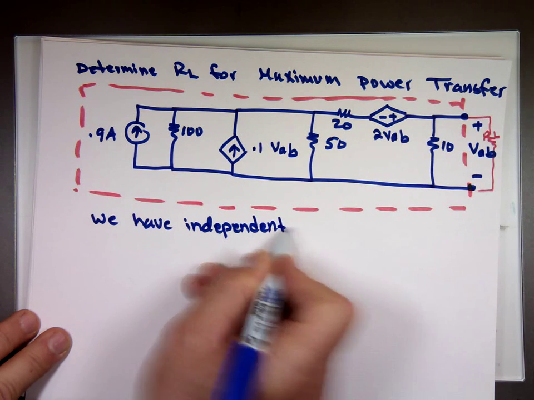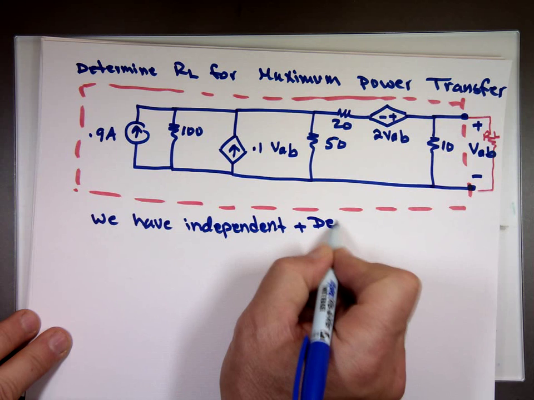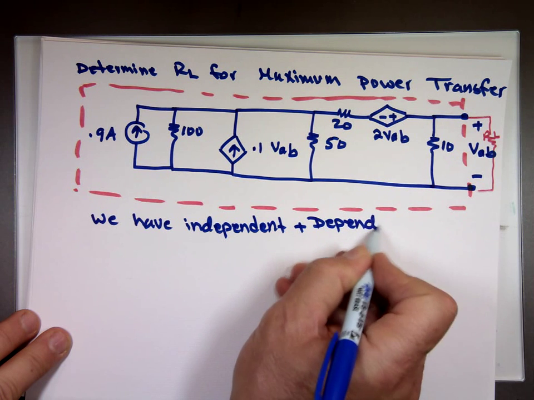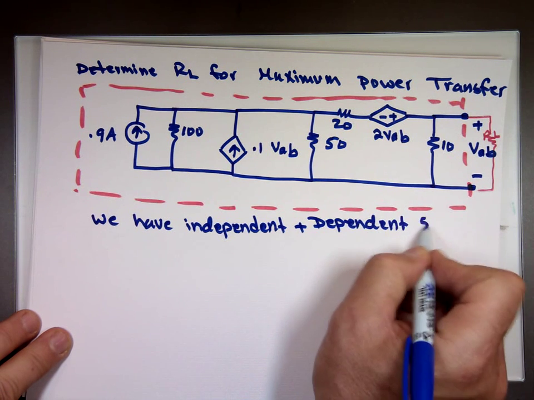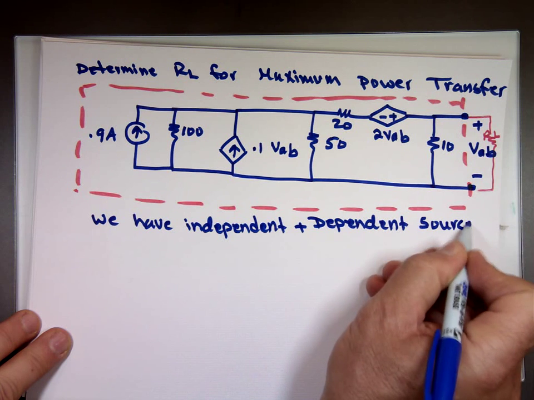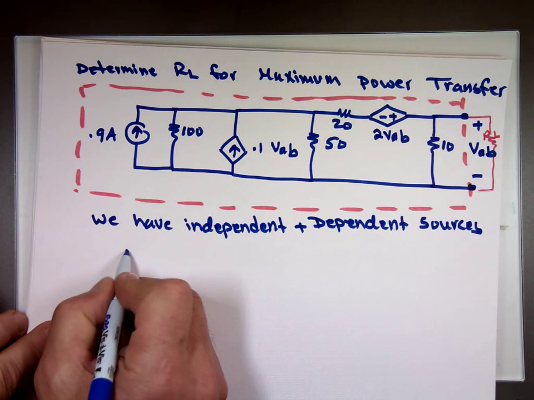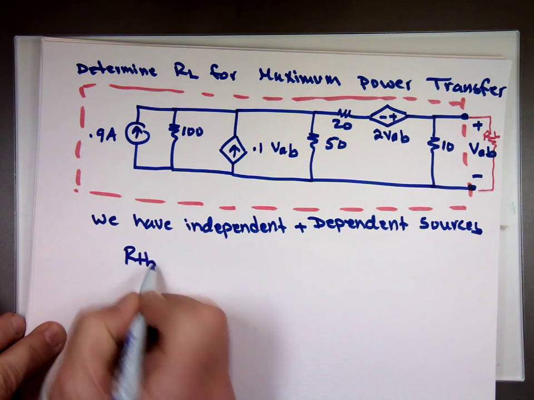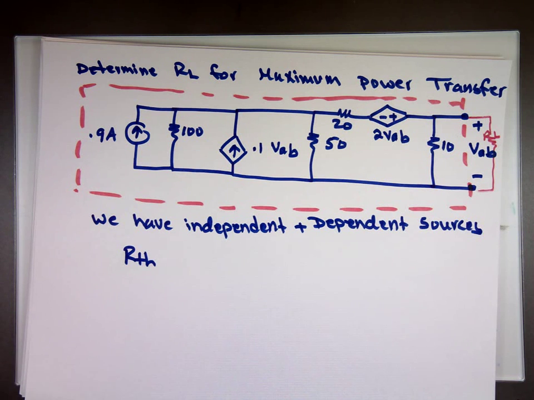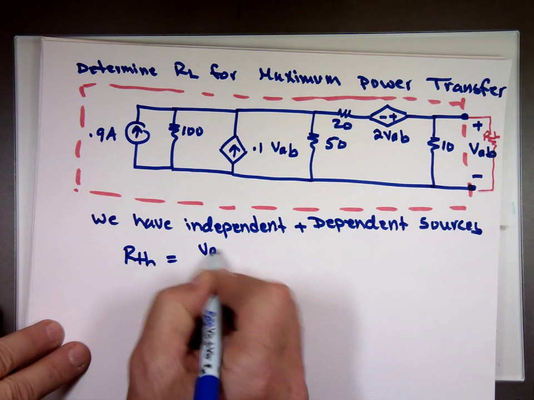Since you've got both of them, to find R Thevenin, it's not going to be kill the sources. Doesn't work here. Killing the sources only works when you have only independent sources. R Thevenin is going to be V open circuit over I short circuit.